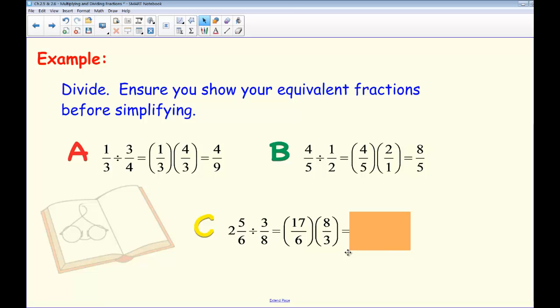Now 17 by 8, I might need to use a calculator, and the numbers are getting a little big, so that's fine. So go ahead and do that. 136 over 6 by 3 is 18. Now because both numerator and denominator are both even, they at least divide by 2, so you can reduce this one. It reduces down to 68/9.